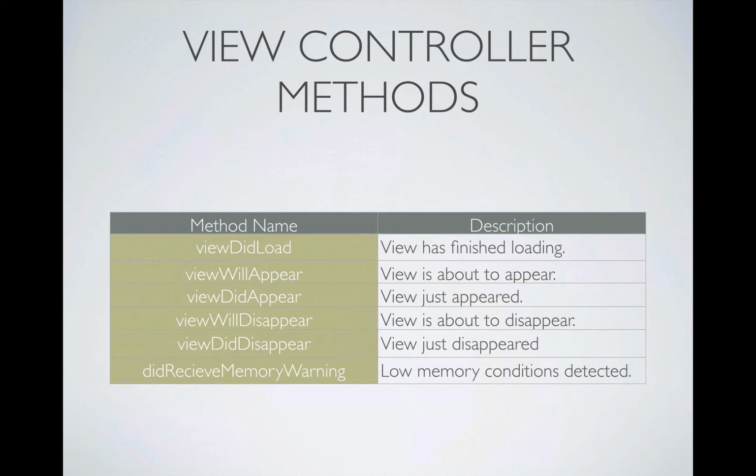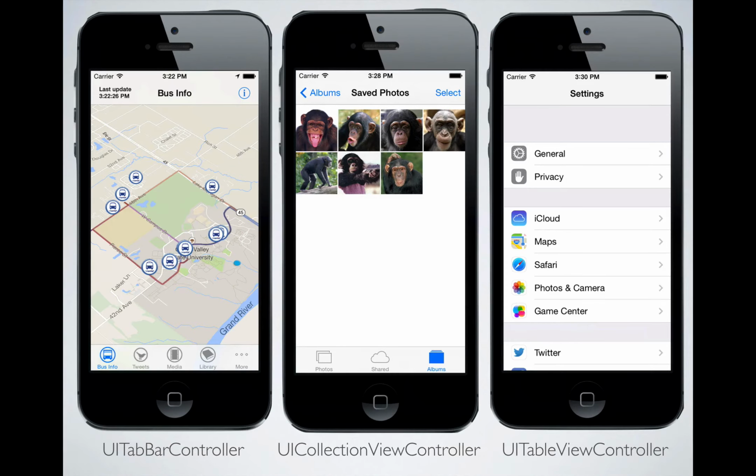Similarly, when a view disappears from the screen, right before it disappears, viewWillDisappear gets called, and right after, viewDidDisappear. Finally, if the platform is running low on memory, it will give our view controller a hint by calling didReceiveMemoryWarning. Obviously, when we get that, we would want to free up anything that we can do without.